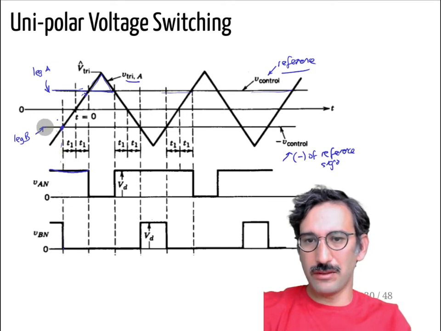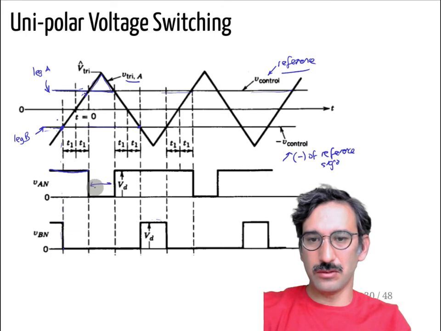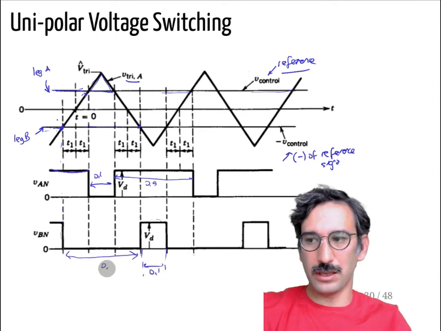Whenever your voltage level, but this time it is a negative voltage level, whenever that one is larger than your triangular waveform, then you are applying, then it is all the way up, it is negative, so then it is positive. So again, if this is, I don't know, 0.1, if this is 0.9, this will be symmetrical, and I will have 0.1 on period and 0.9 off period.